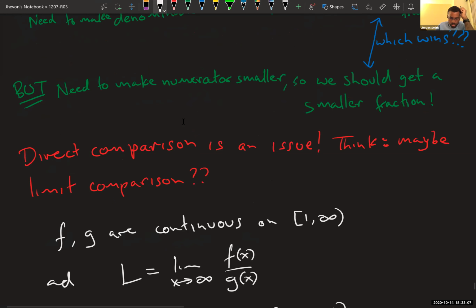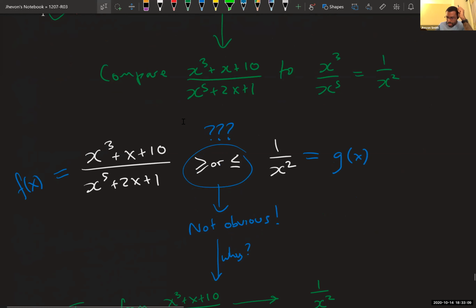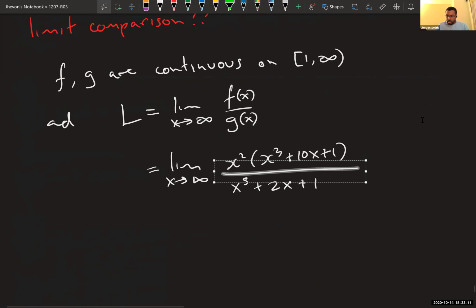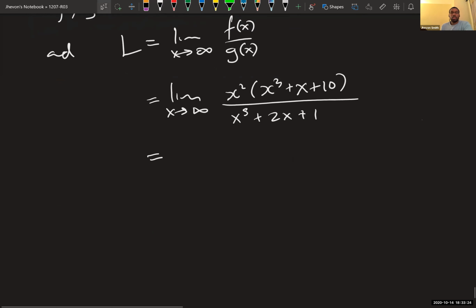I forgot what the numerator is. It's x plus 10, and the denominator is 2x plus 1. Okay, what is that answer? x to the 5th. It's 1, right? Which is greater than 0. So limit comparison applies. The limit comparison theorem applies.